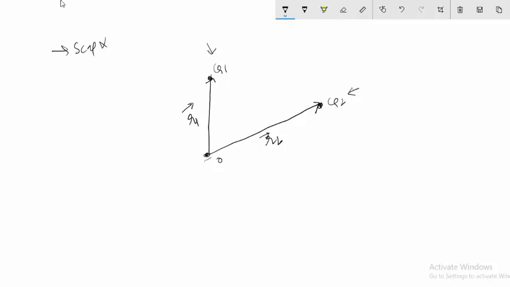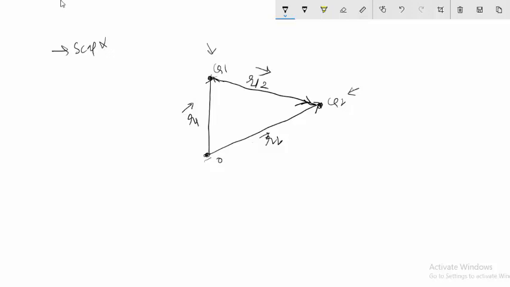Now I have to find the force between these two points. The distance between the two points can be given by an arrow, which will be my R12 vector.